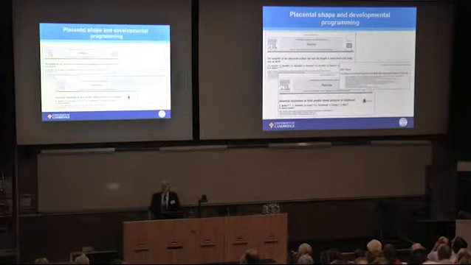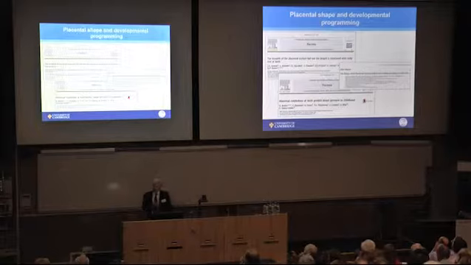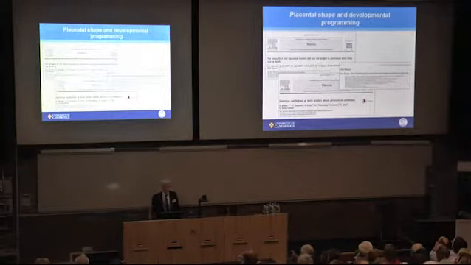So this raises very important questions, I think, but quite difficult questions to answer. What are the determinants of human placental shape? And this is a question which remarkably I don't think has been addressed in recent years. So does it really matter whether the placenta is round or elliptical?